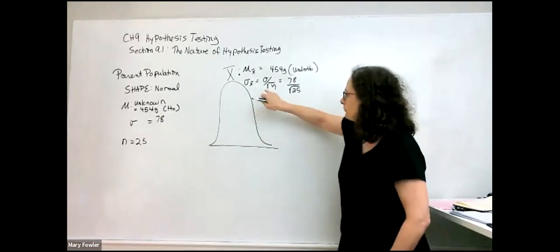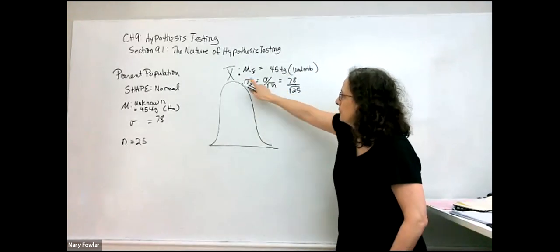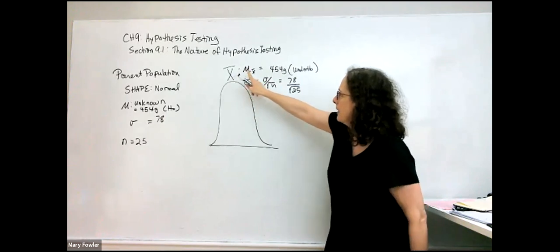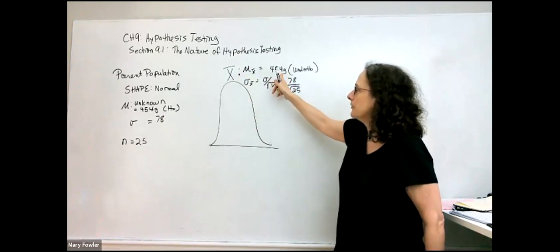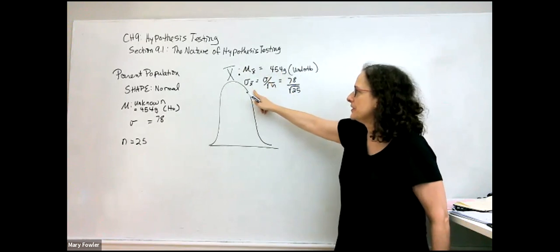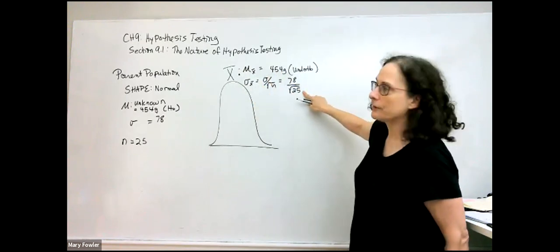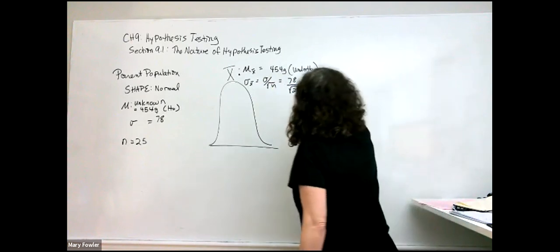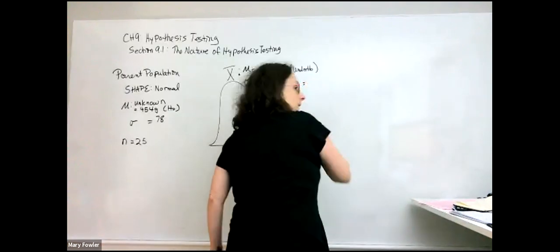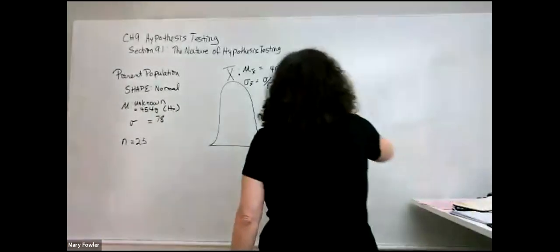So the distribution of X bar under the null hypothesis has mean 454 grams, and the standard deviation of X bar is sigma over the square root of n, 7.8 over the square root of 25. Let's see what that is, 1.56.